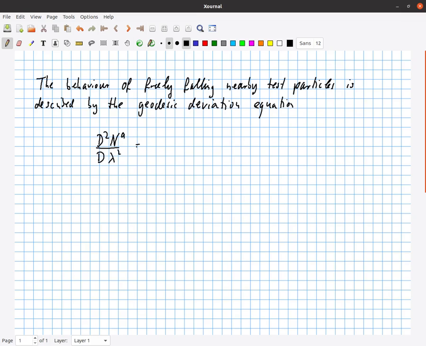Lambda is our affine parameter of the geodesic. Here we have the Riemann curvature tensor contracted with tangent vectors T^j and T^s, which are the tangent vectors of the geodesics, and here we have our vector N^i that connects the nearby particles.